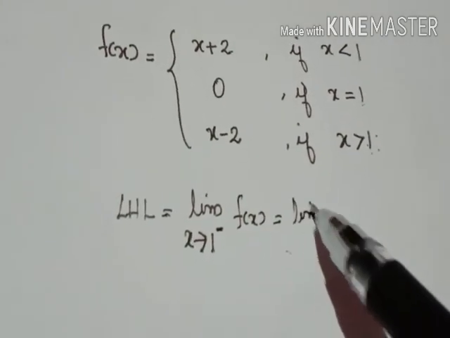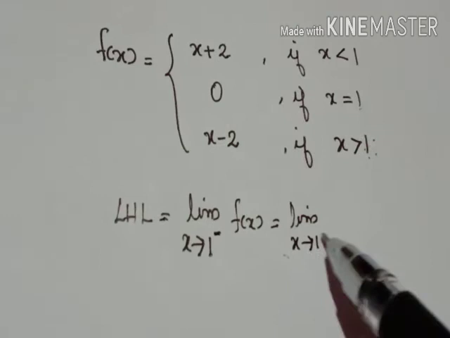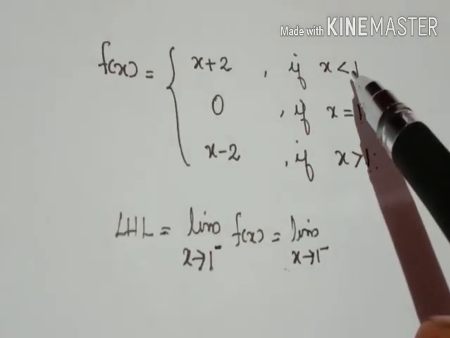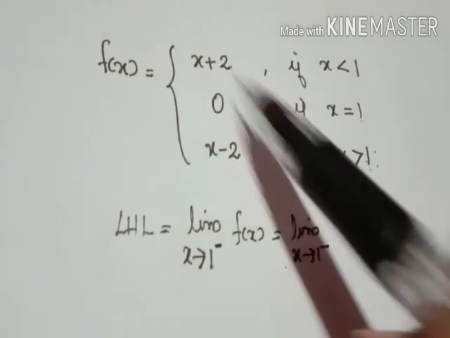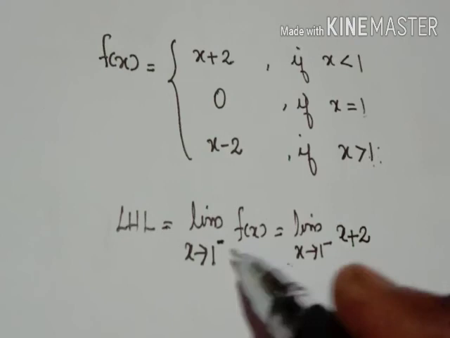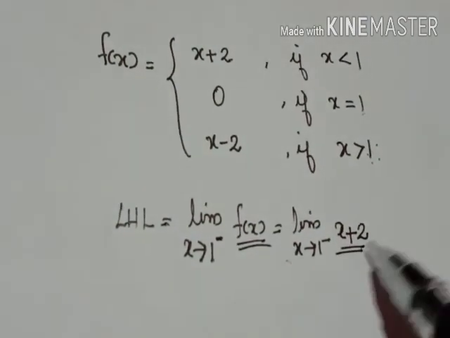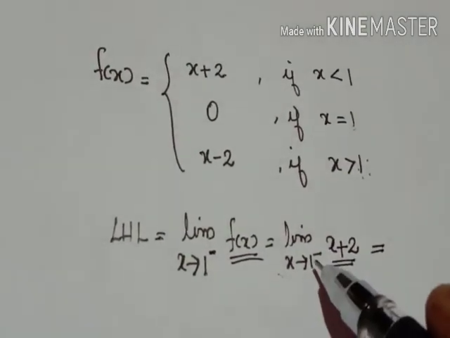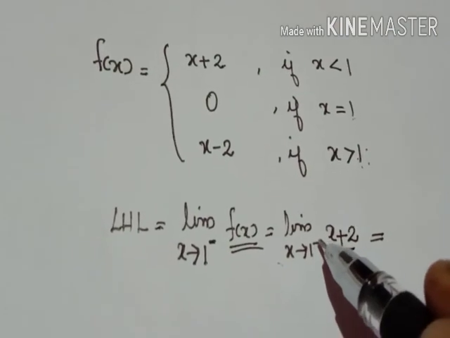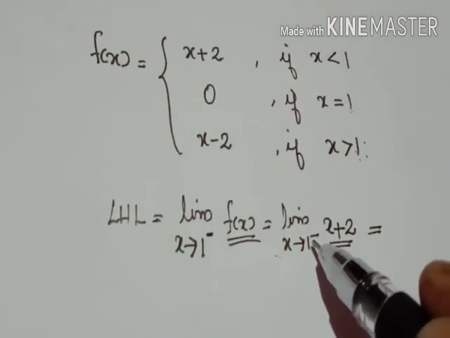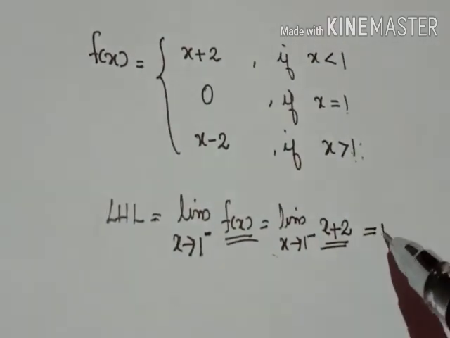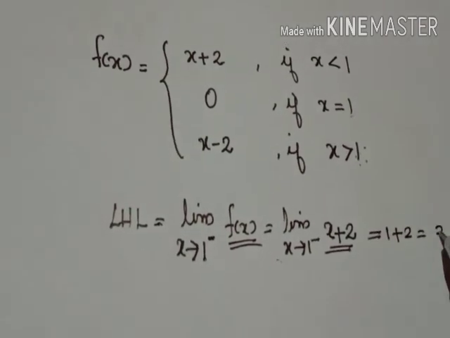Look into the function: 1 minus means less than 1, so this is the interval. In this interval f of x is defined as x plus 2. So replace f of x as x plus 2. Now apply the limit. Don't put x equal to minus 1; it is not minus 1, it's only a representation. Put x equal to 1 here. So 1 plus 2 equal to 3.